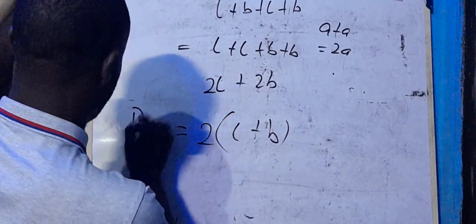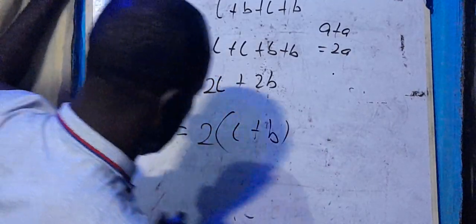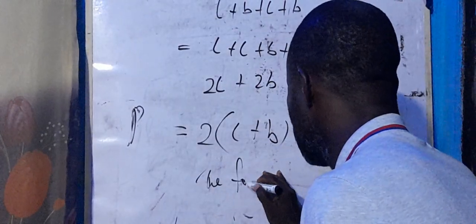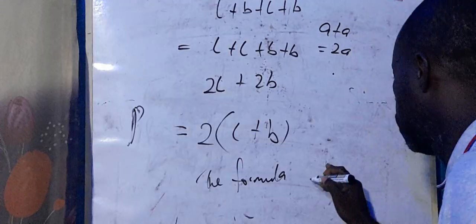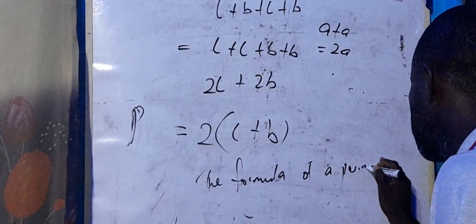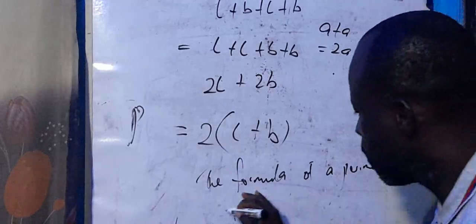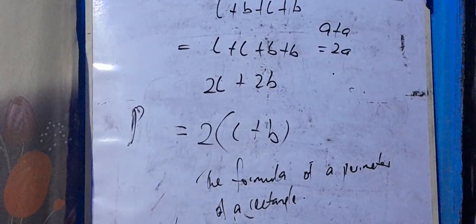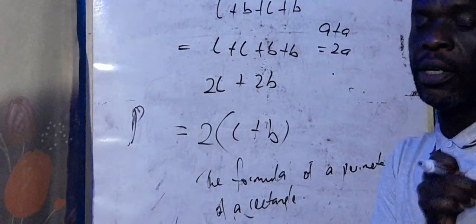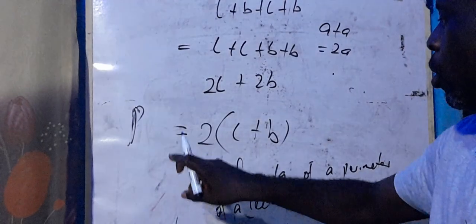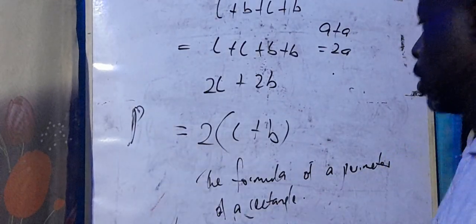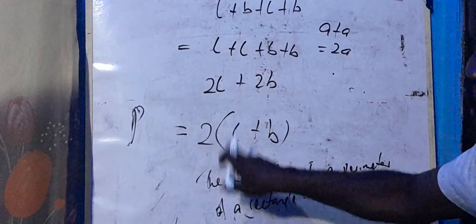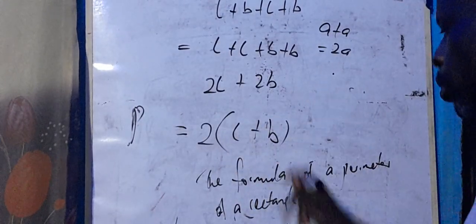So this is the formula for the perimeter of a rectangle: 2 bracket length plus breadth.